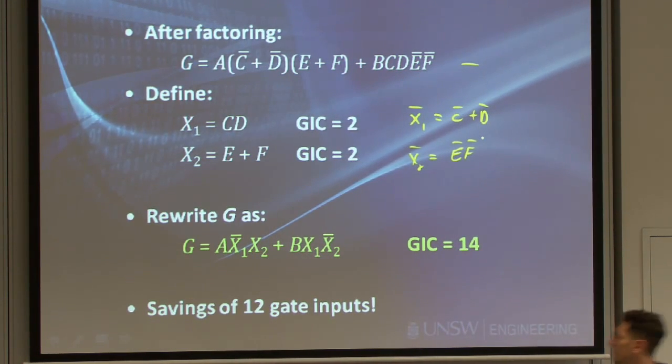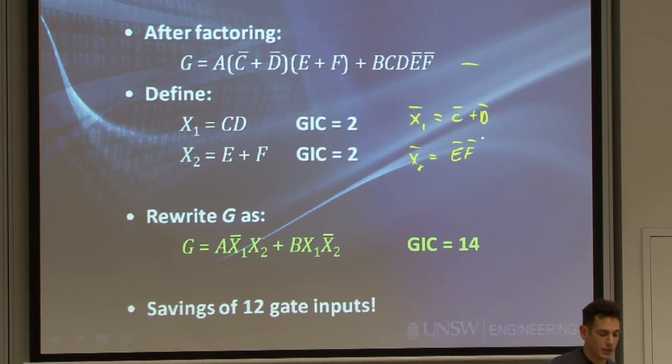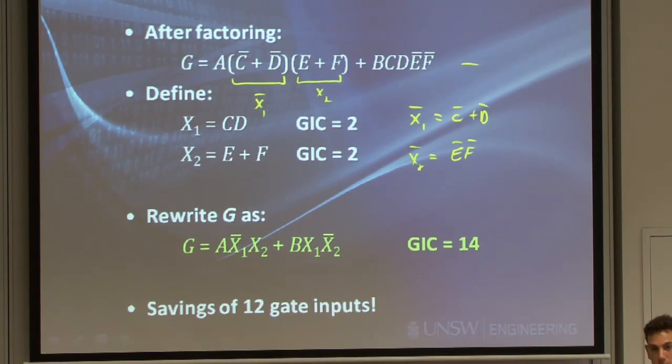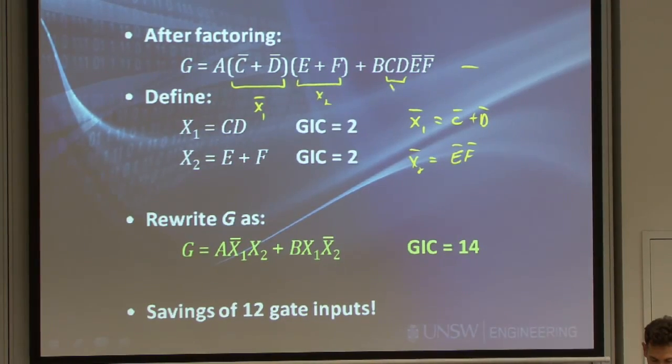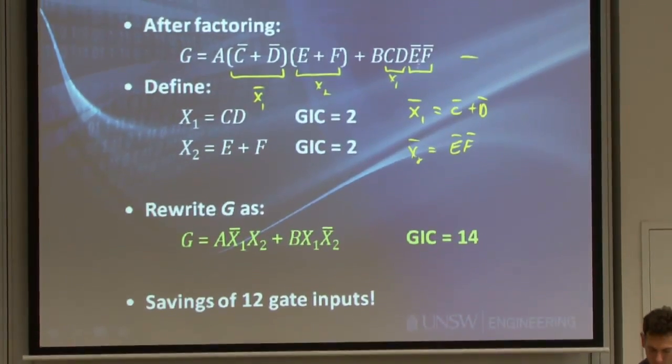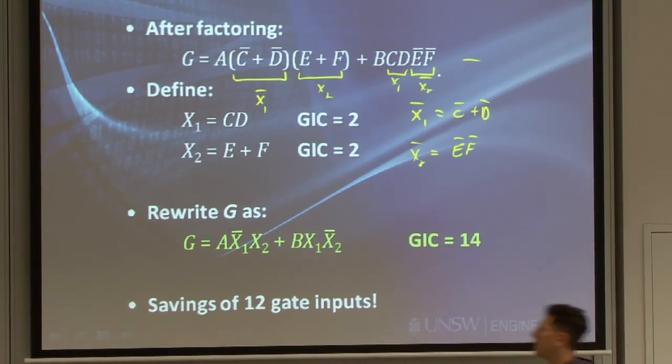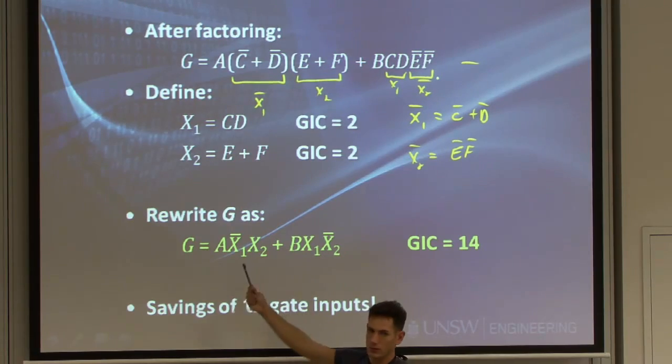And then I can rewrite the function g in terms of x1 and x2, or their complements. So this a here is the same. This will now become not x1. This is x2, because we defined it to be e or f. And then we can use the not c, not d to be not x1, and not e, not f to be not x2, and rewrite it in this form here.